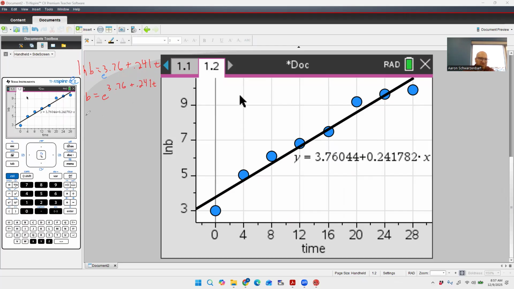But we can simplify this, because laws of exponents say that these are equal. e to the 3.76 is just a number. In fact, it's 42.9. There we have it. A nice exponential model.